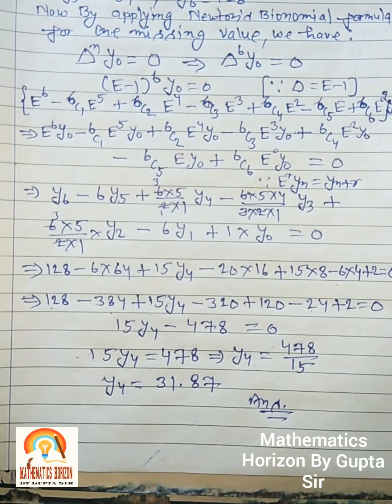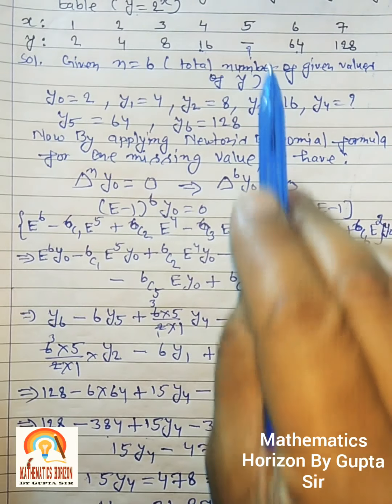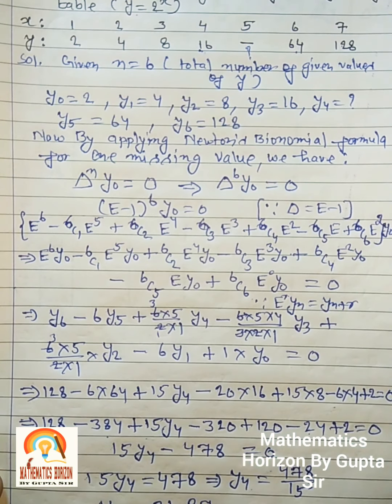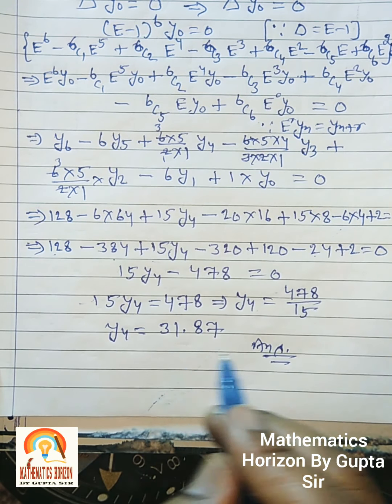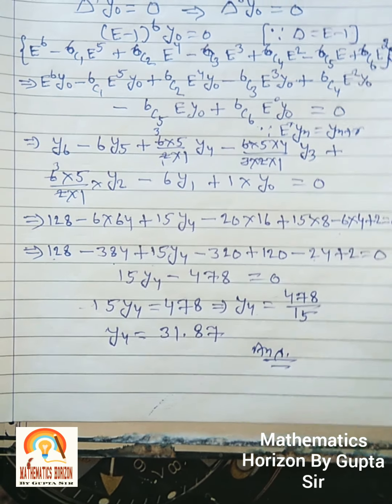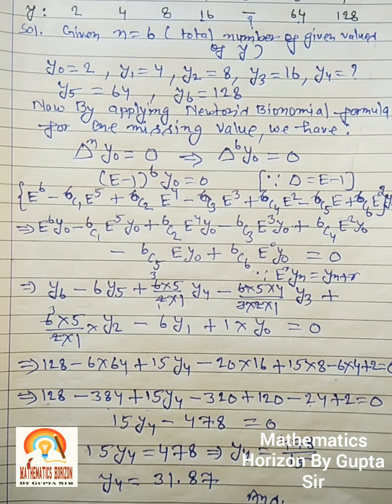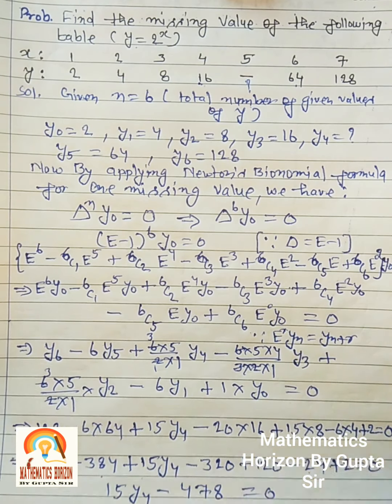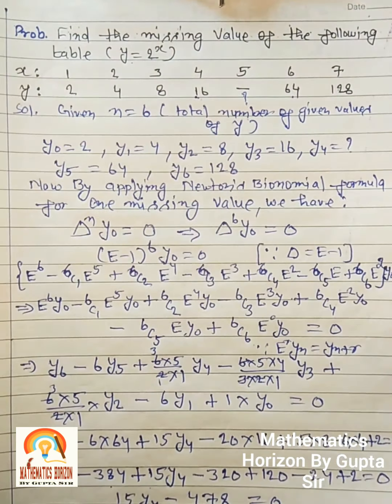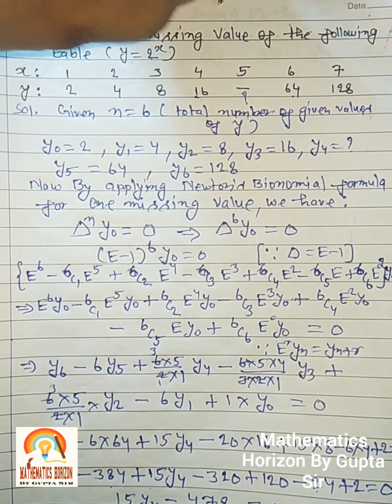This is the approximate answer, and when x equal to 5, we have y equal to 31.87. Now we also have a second approach for this method. Now we will try to solve this using the second approach.